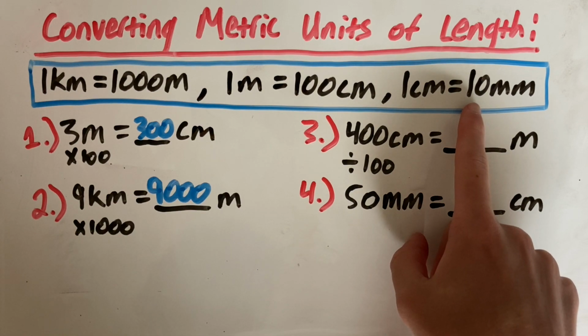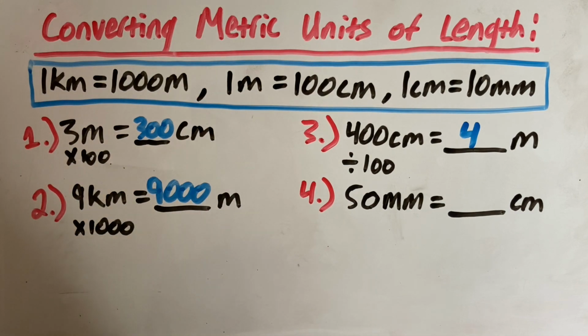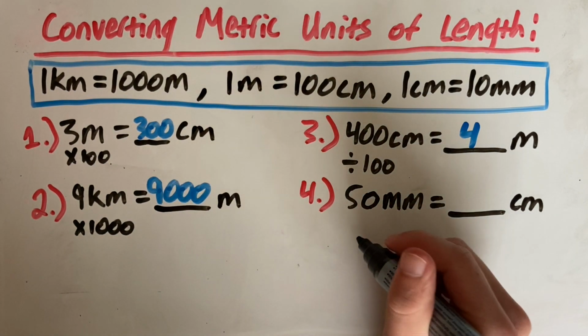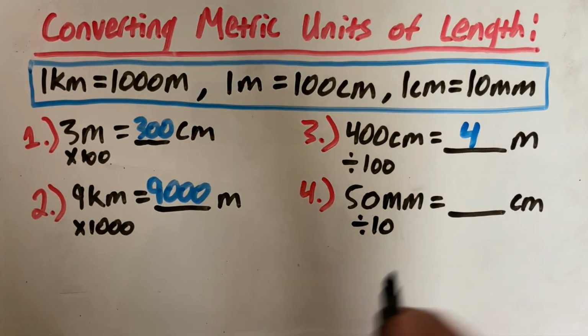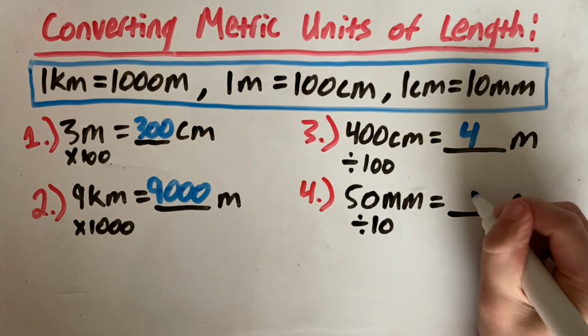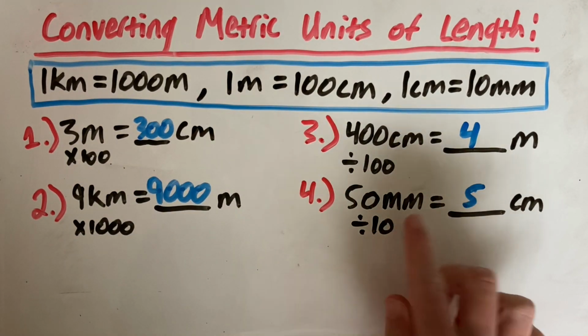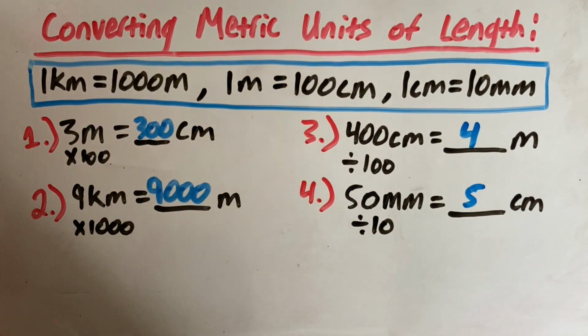That means we're dividing, and 10 divided by 10 is 1. So we divide by 10 to go from millimeters to centimeters. We have 50 millimeters, we divide that by 10, and 50 divided by 10 is 5. So 50 millimeters is 5 centimeters.